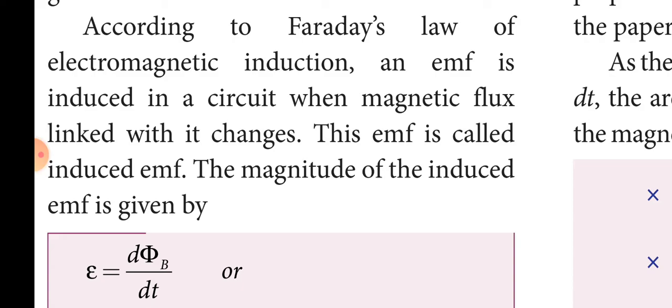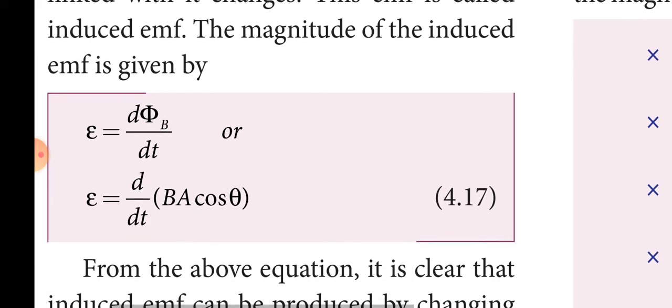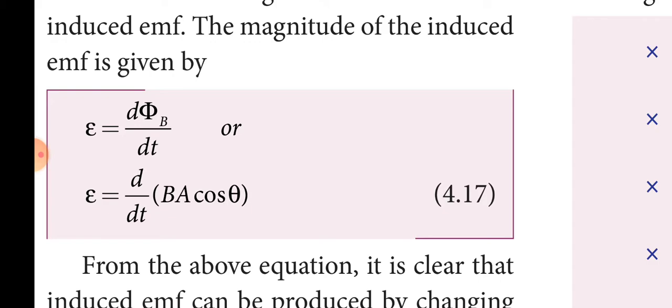According to Faraday's laws of electromagnetic induction, an EMF is induced in a circuit when the magnetic flux linked with it changes. So the EMF is called induced EMF. Therefore, the magnitude of the induced EMF is given by epsilon equal to d phi B by dt, where phi B represents BA cos theta.